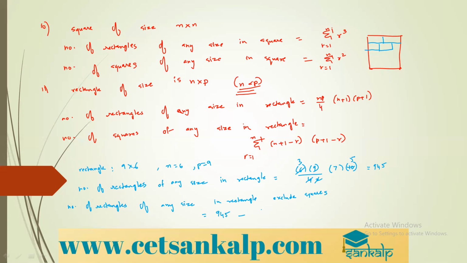From this, remove the squares. What is the number of squares? Sigma n plus 1, 6 plus 1, minus r into p plus 1, 9 plus 1 minus r, r is from 1 to 10. Or it will be 945 minus sigma 7 minus r into 10 minus r, r is from 1 to n. n is 6, so 1 to 6.